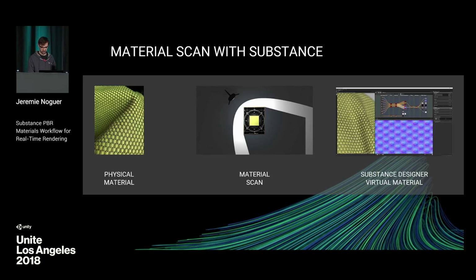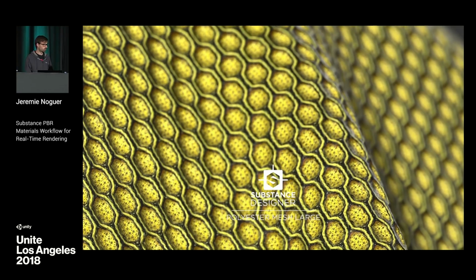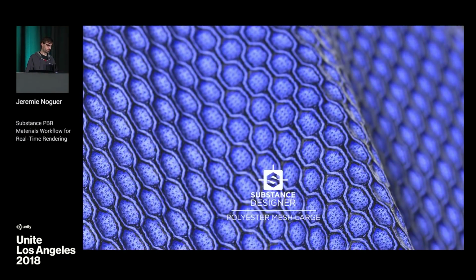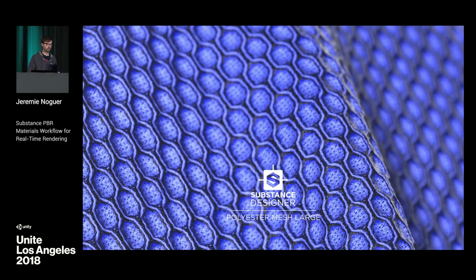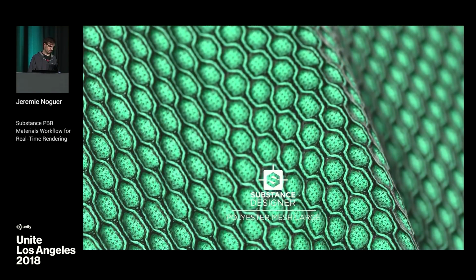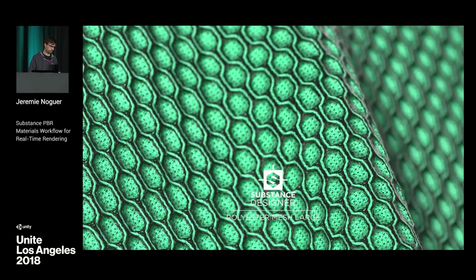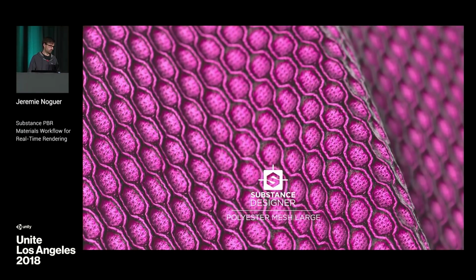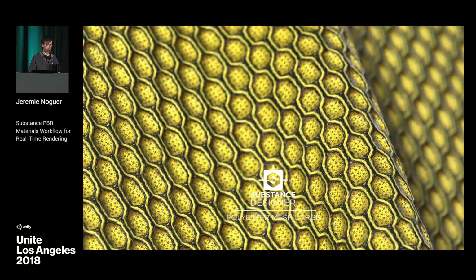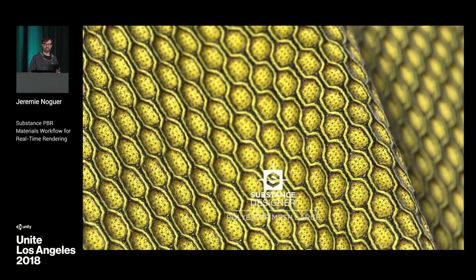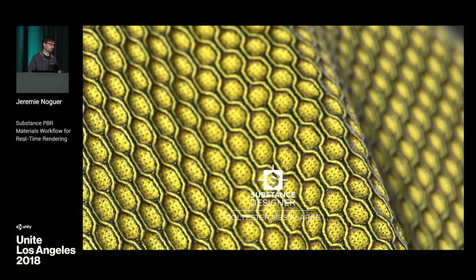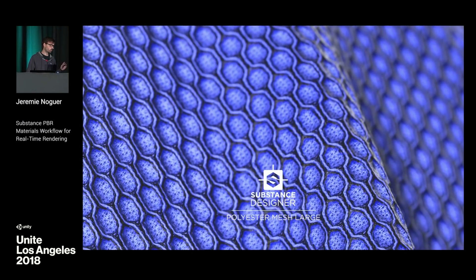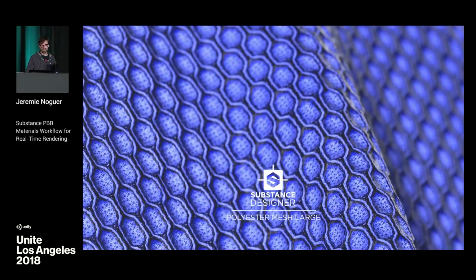You can end up with a material that will be extremely high quality. Even for these, just a phone will work for creating these materials. You don't need any kind of fancy device. And again, by processing that through Substance Designer, we can easily create tons of variations in the type of weaving of the fabric, type of color, and different things.